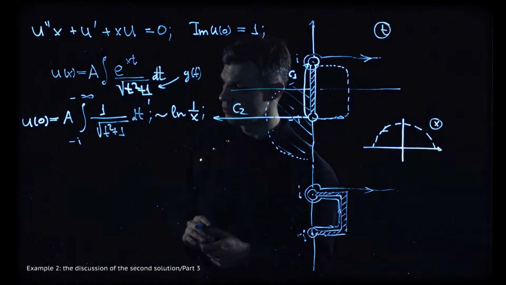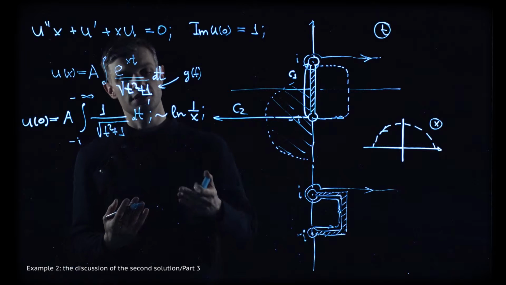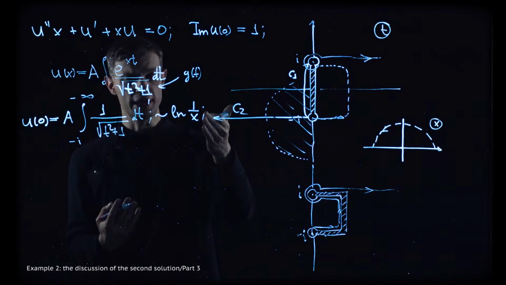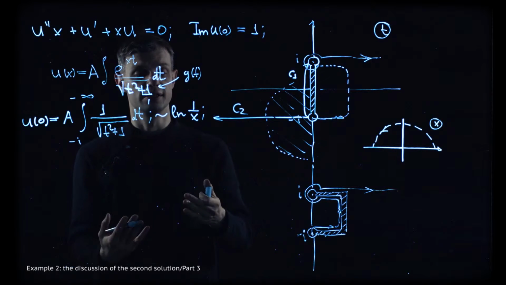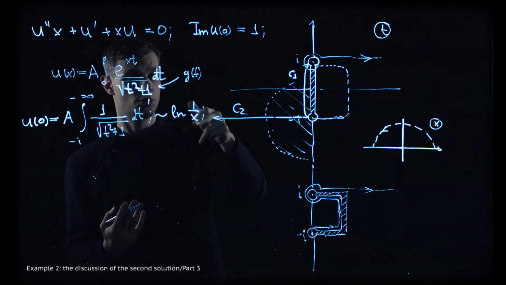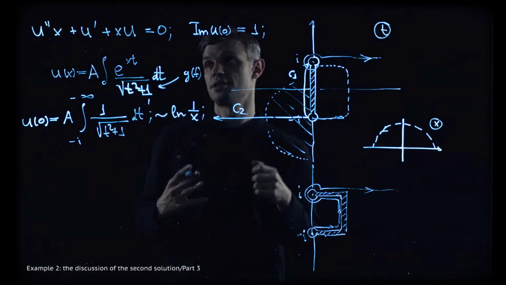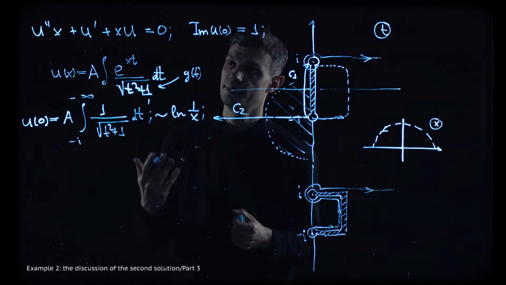This is the leading logarithmic behavior. But what we are interested in right now is to get the answer not with logarithmic accuracy, but to catch the constant which is present here. So let's do this, because this is just an interesting exercise by itself.